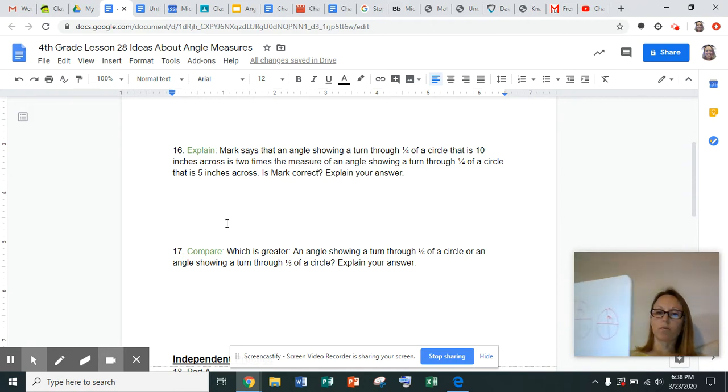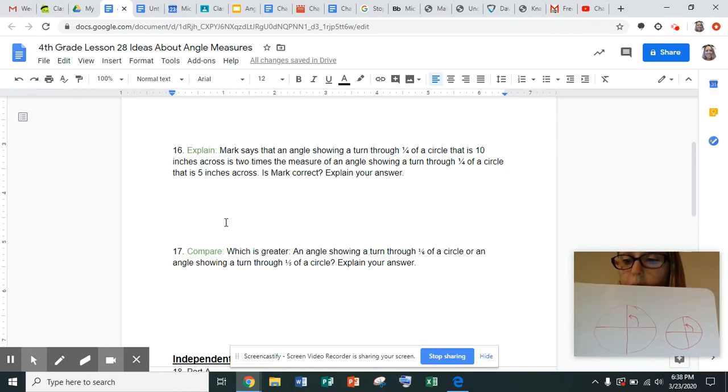So you see the two different sizes of my circles, and it doesn't matter the size of the circles. It's still divided into 4 parts, so it's still 1/4 of the circle. Okay, so it would still be 90 degrees because 1/4 of 360 degrees is 90 degrees.